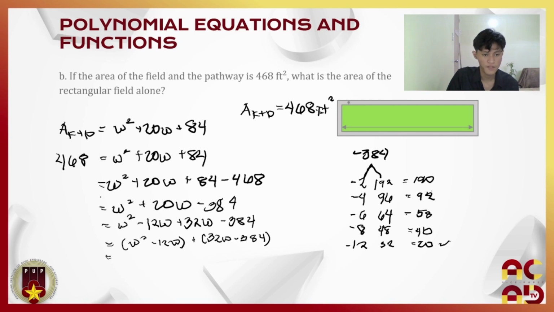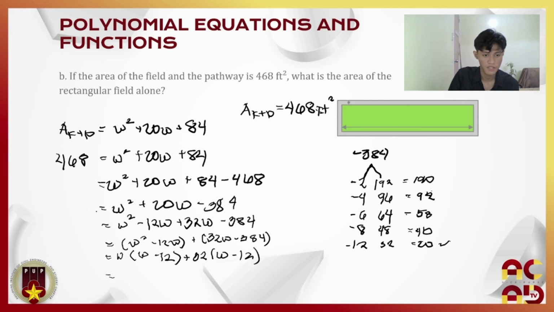Pwede natin i-factor ito. Kukunin natin yung w. Magiging w minus 12. And then yung 32 dito sa kabila. So 32w, and 384 divided by 32, so alam naman natin siya na ay negative 12.